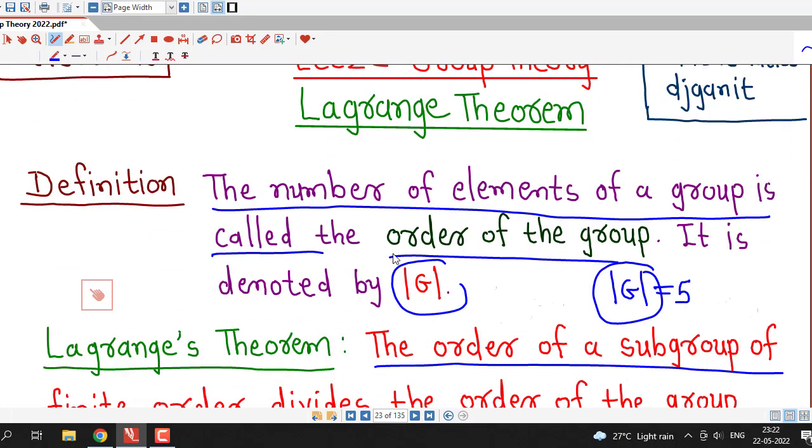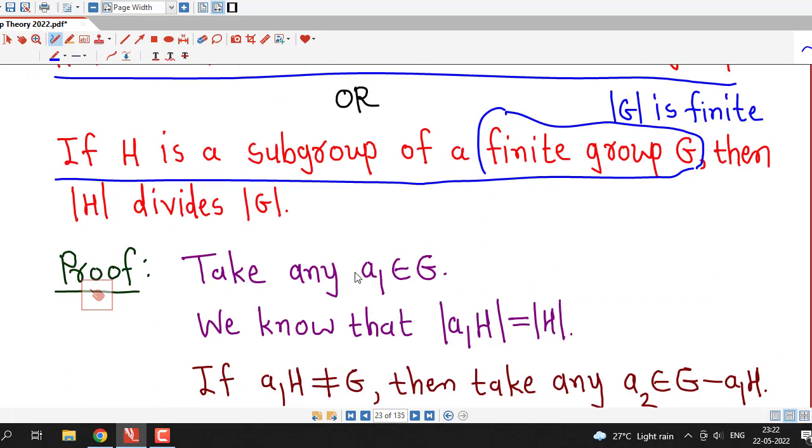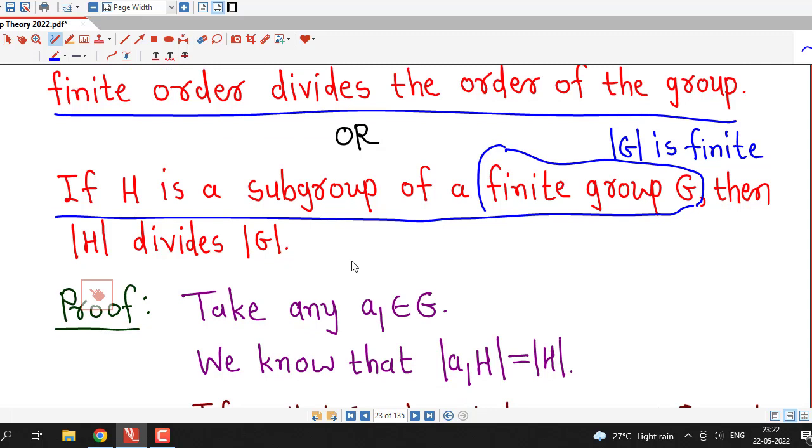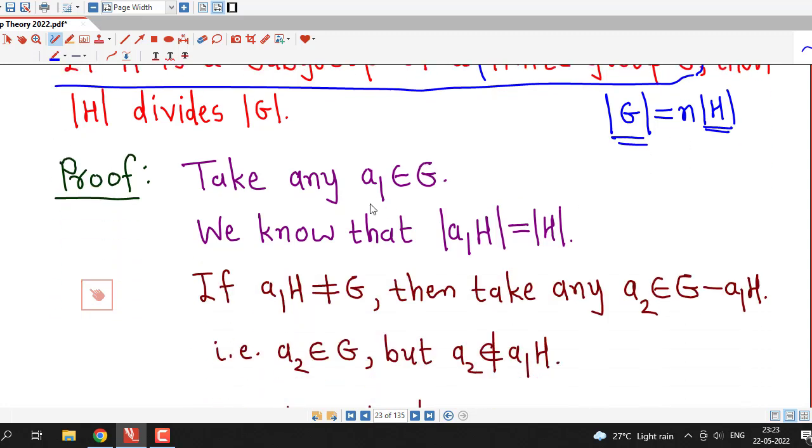Okay, fine. So I have written that proof systematically here. We want to prove that order of H divides order of G. So our aim is to write order of G as some integer multiple of order of H. For that we start by taking element A1 in the group G, and we know that order of any left coset is equal to order of the given subgroup.